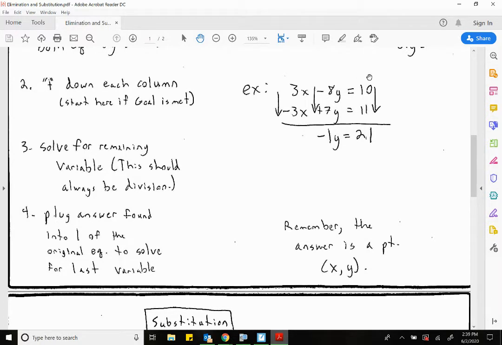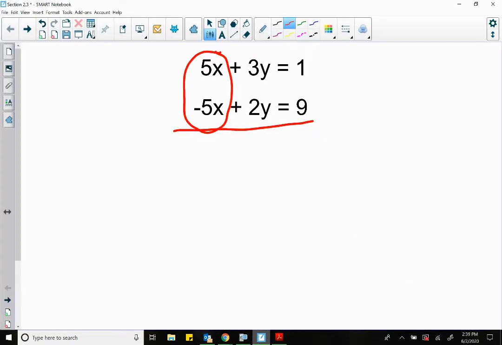And then we'll just add down the rest of the columns. The reason we want a variable to go away is because we can't solve when we have two different variables. But if we eliminate one of them, as in this case, the x's are going to go away. And when I add down, I'll get 5y equal to 1 plus 9 is 10.